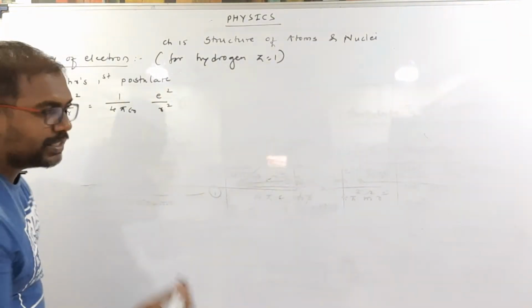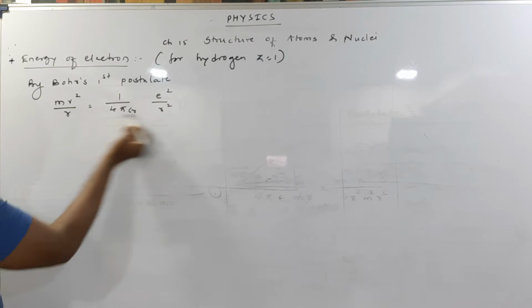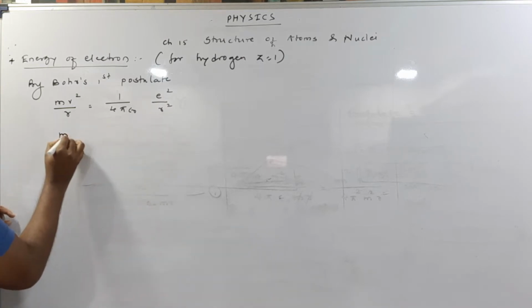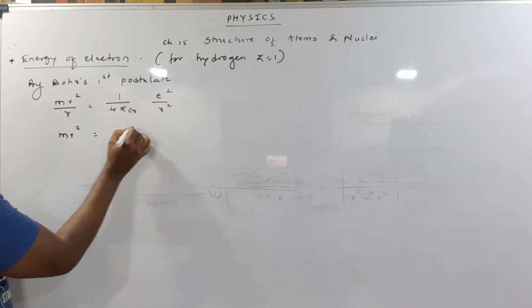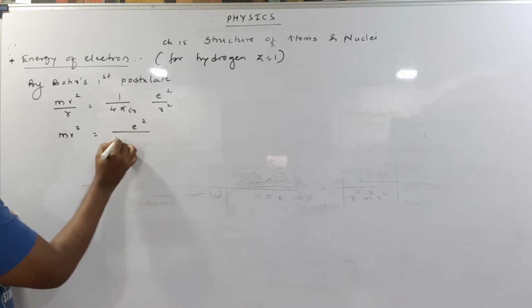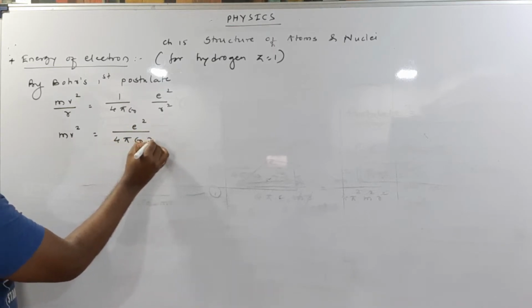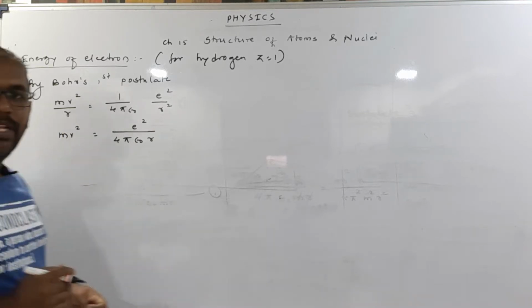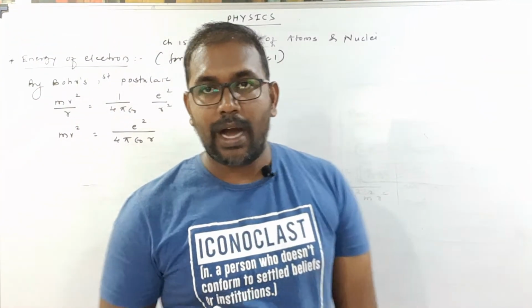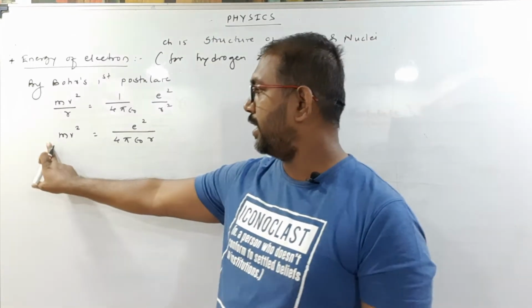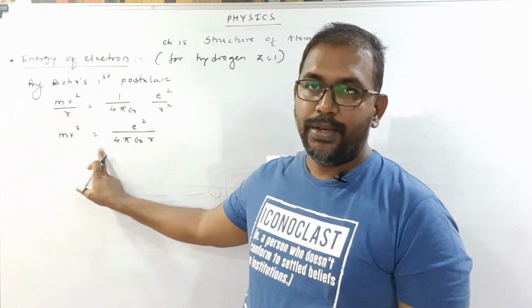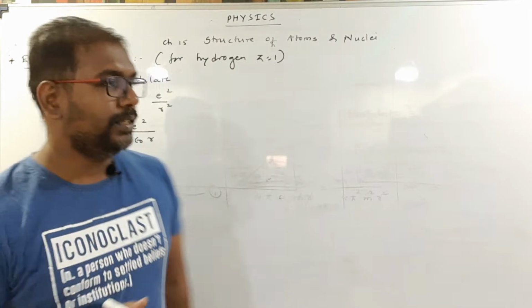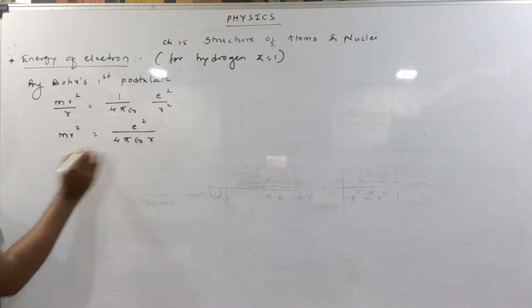Now here, by using that, I have to write kinetic energy. So this R gets cancelled. So we get mv square is equal to e square divided by 4 pi epsilon 0 R. You know that kinetic energy is half mv square. So I can multiply both sides by half.